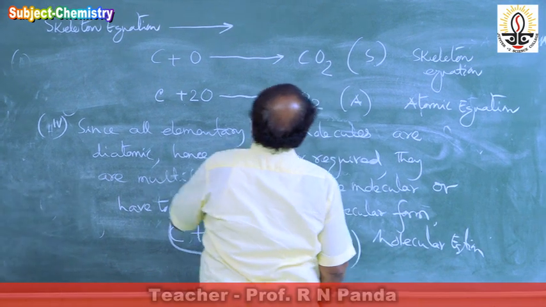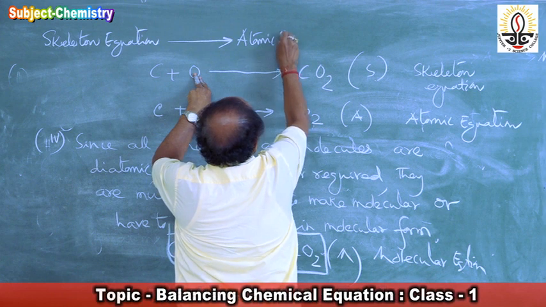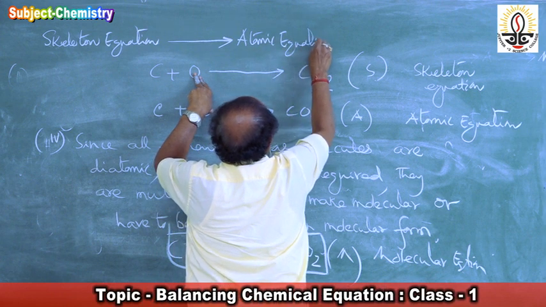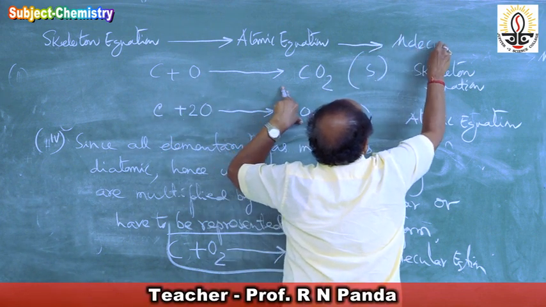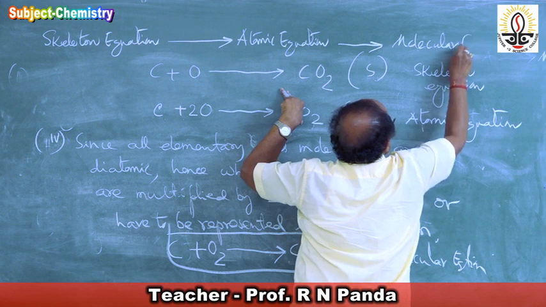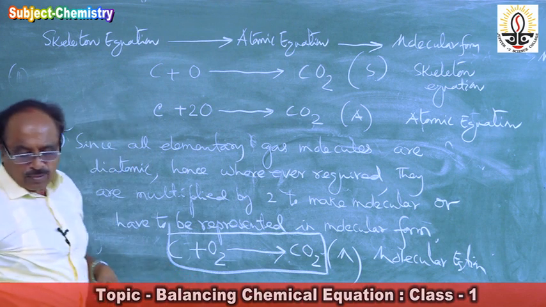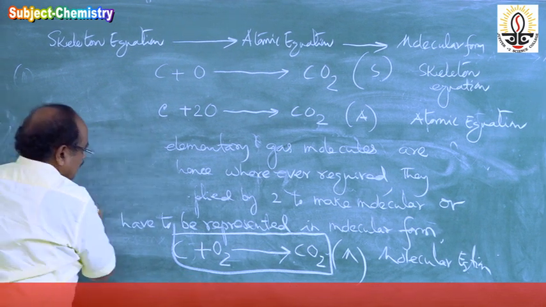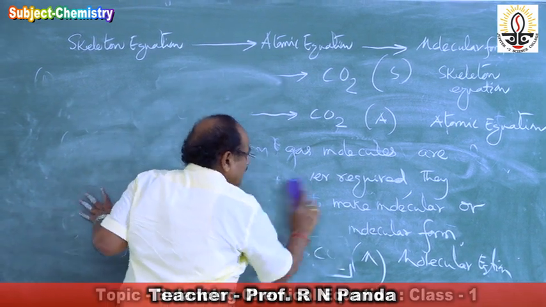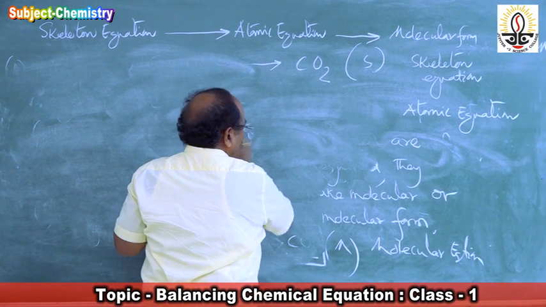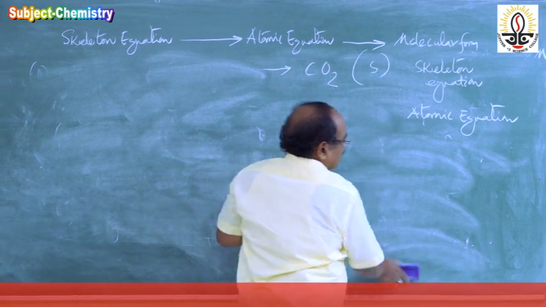We make it an atomic equation by making the number of atoms of reactant equal to product. Then we represent it in molecular form. So for easy understanding, I wrote the whole process as SAM: skeleton, then atomic, then molecular. If you go by this, however difficult the chemical reaction, you will never make any mistake.